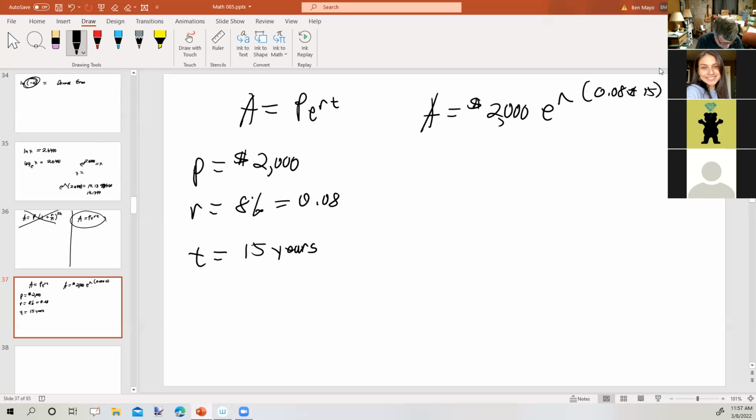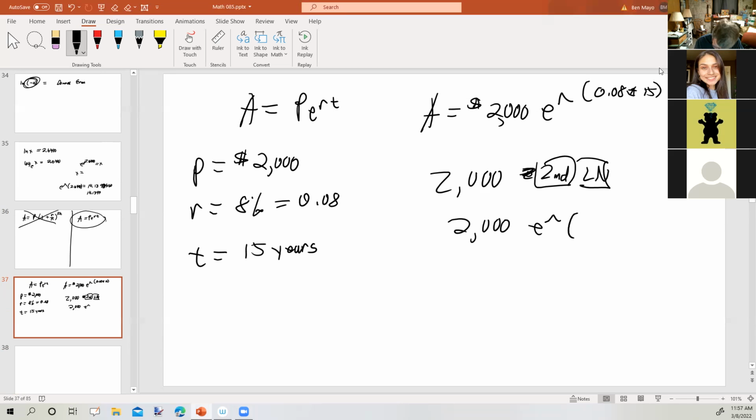All right, so 2,000. And then what? Second function key, ln function key. So I get 2,000 e to the, okay? And then in there I put 0.08 times 15, parentheses, equals, and I get 6,640.233845.